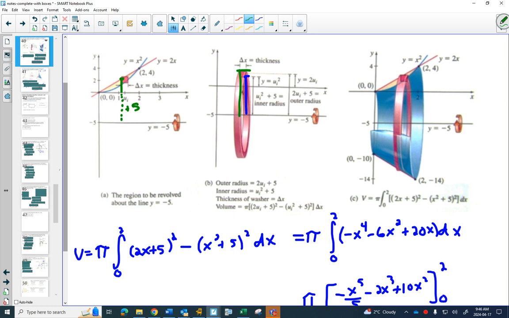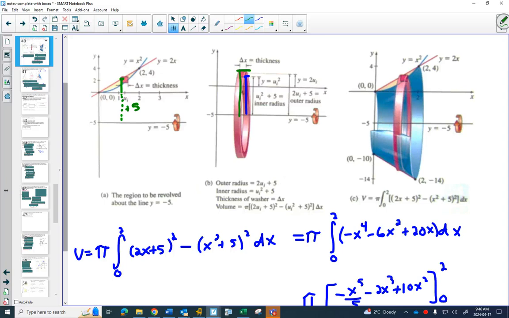Does that make sense? So now my bigger radius, it was 2x when it was just going around the x-axis, but now that we're going around y equals -5, we're adding 5 to that radius. So my big radius here is going to be 2x plus 5. And it gets squared because I'm making a circle, pi r squared.